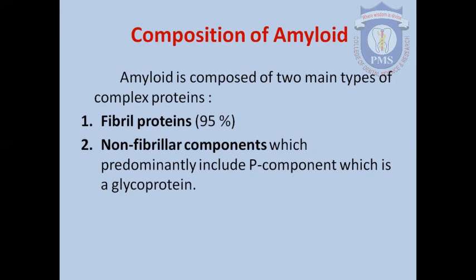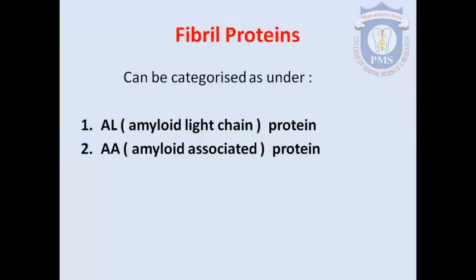Two, non-fibrillar components, which predominantly include P component, which is a glycoprotein. Fibril proteins can be categorized as 1. AL, that is amyloid light chain protein. 2. AA, amyloid associated protein.